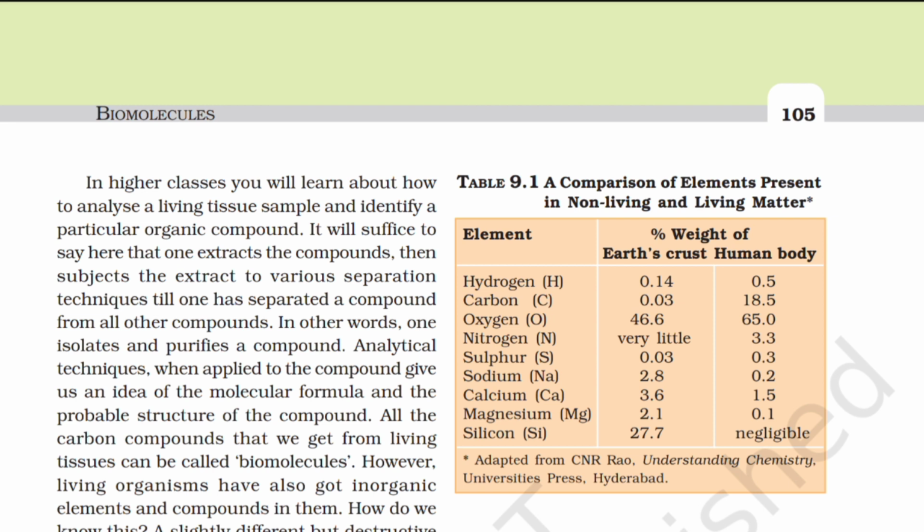Magnesium, Mg: 2.1 in Earth's crust, 0.1 in human body. Silicon, Si: 27.7% in Earth's crust, negligible in human body. Adapted from C.N.R. Rao, Understanding Chemistry, Universities Press, Hyderabad.